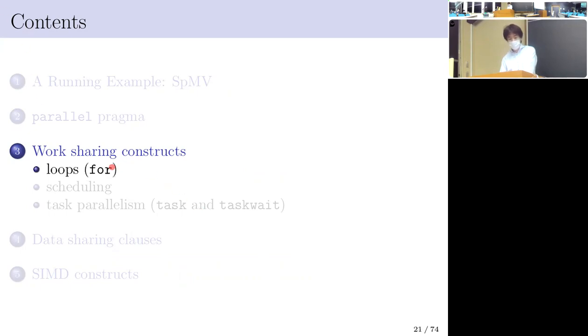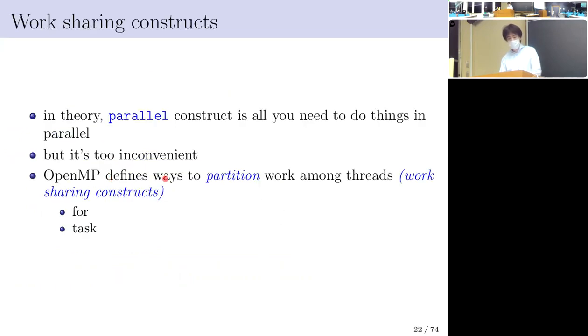So here comes the work sharing concept, and I'm getting into the for pragma, which I briefly already introduced. Like I said several times, this parallel construct and omp_get_num_threads and omp_get_thread_num are, in theory, all you need to do things in parallel. Once you know how many threads there are and what position I'm in, then you can divide the work in whichever way you like.